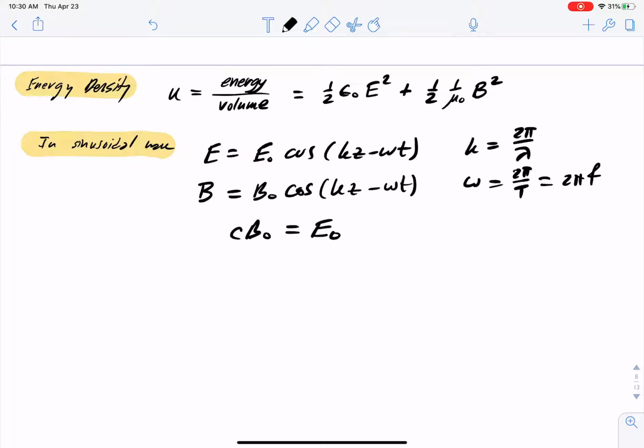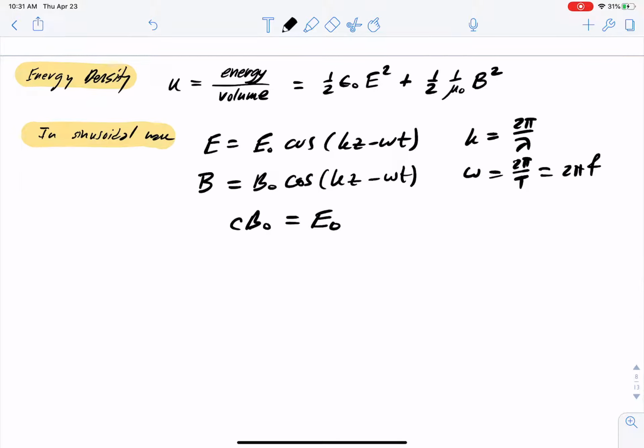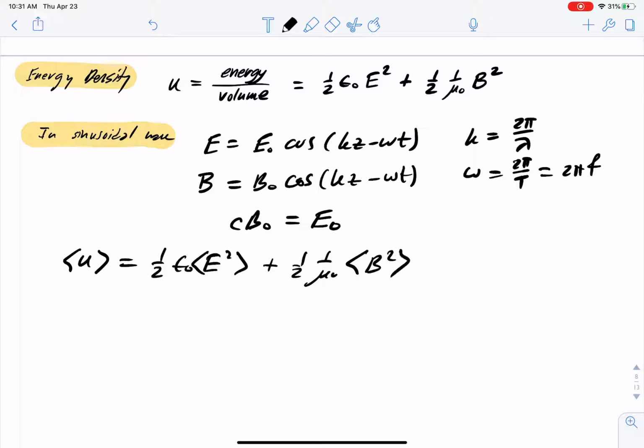Now, if we look at what that tells us about the average energy density, we know that those averages end up being half.